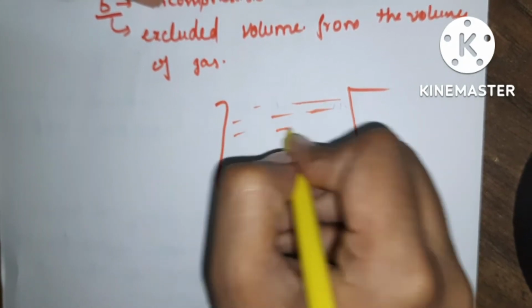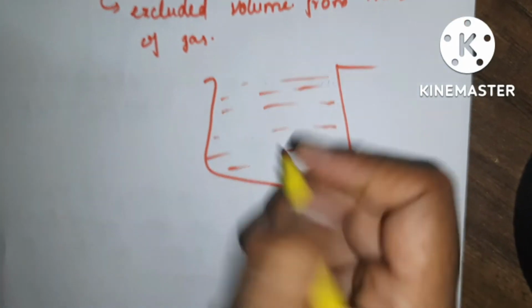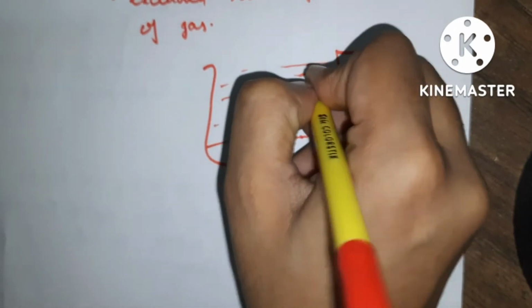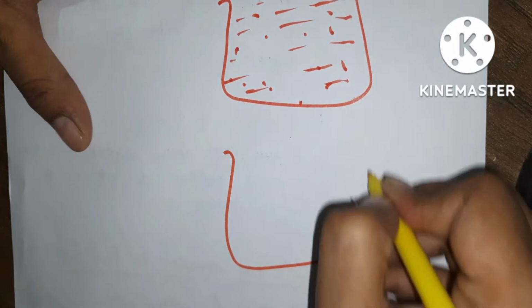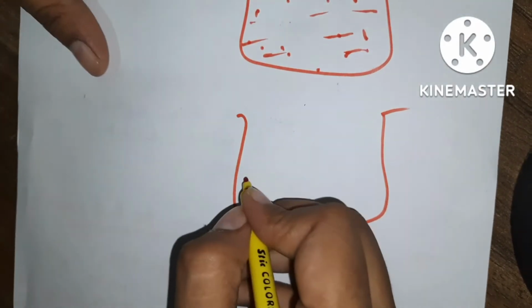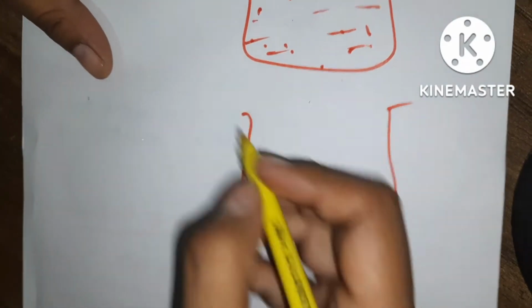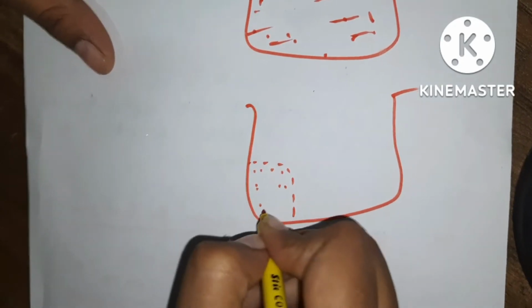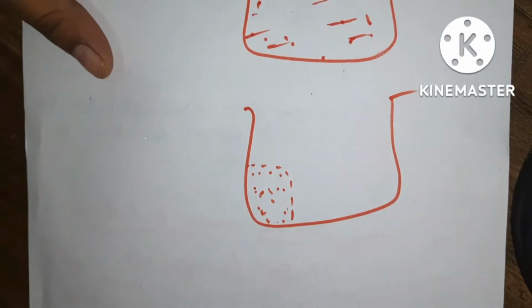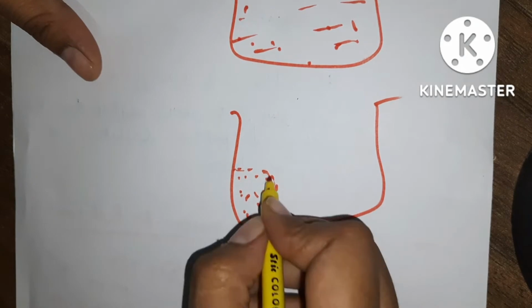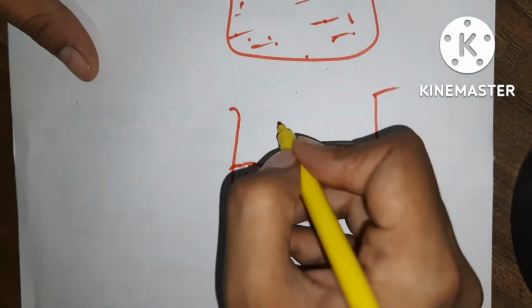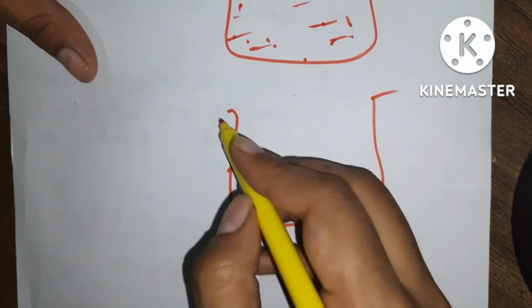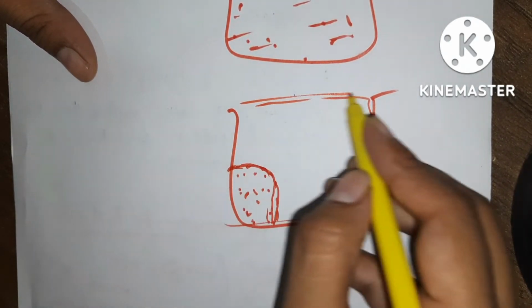Suppose this is the area that was previously covered by the molecules. These are the gas molecules that are far away from each other. But when we compress this gas to this small volume, the particles are going to take some volume of the container. So this can be the excluded volume. Because there are attractive forces between the molecules, we can compress them to a small volume, and this is the total volume for the gas.